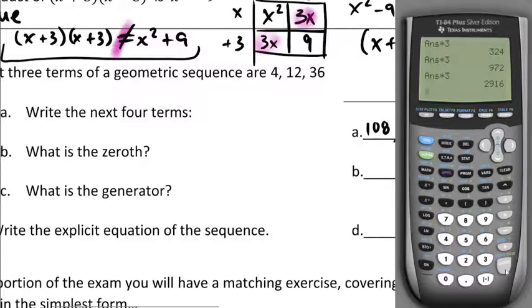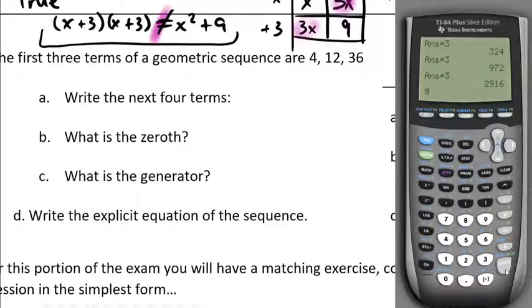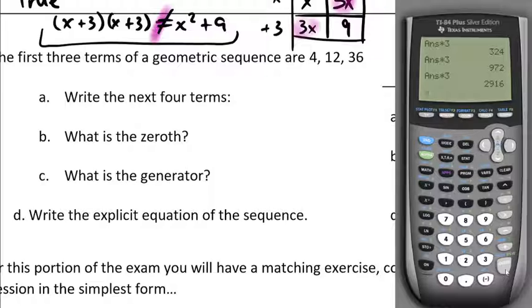All right. Next question is, what is the 0th term? It doesn't say 0th, but what's the 0th term? Well, I know the first term is 4, then 12, and then 36. So as I move forward, I know that I am multiplying by 3.